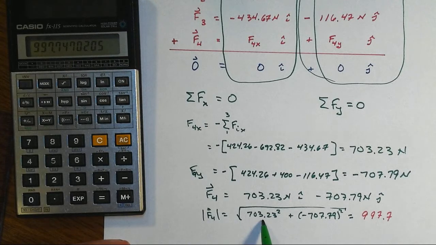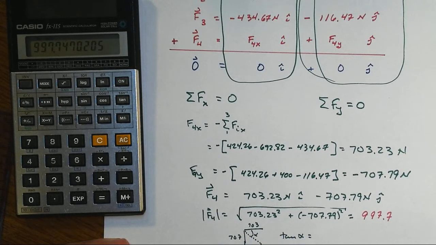And let's see, it has a positive x direction and negative y direction, so it's sitting in the quadrant that is down here, where the x is 703 and the y is 707. So I want this angle right there, call that alpha.